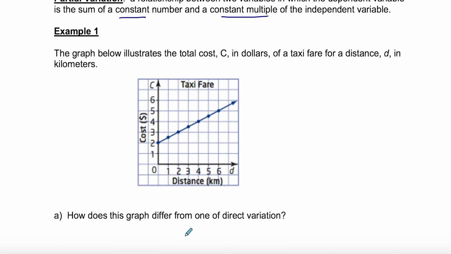So how does this graph differ from one of direct variation? Well, the line for a direct variation has to start at 0. This line is starting up at $2. So we have this initial value here, which is making our line start up at a value other than 0.